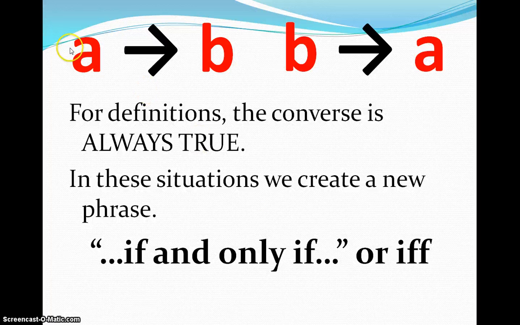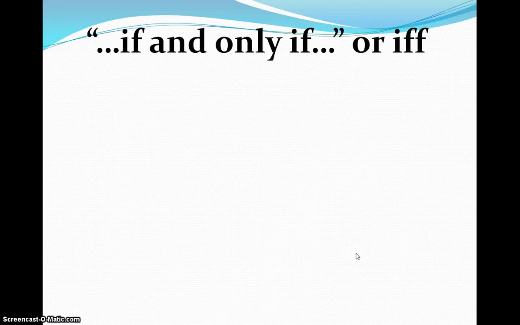Now again, if we have our hypothesis, if A, then B, and if B, then A, as we said before, for definitions, the converse is always true. Our previous statement with the raining wasn't, so it wasn't a definition. But for definitions, this is always true. In this situation, we create a new phrase, which is called if and only if, or, if you want to simplify it, and this is common, not a misprint, IFF.